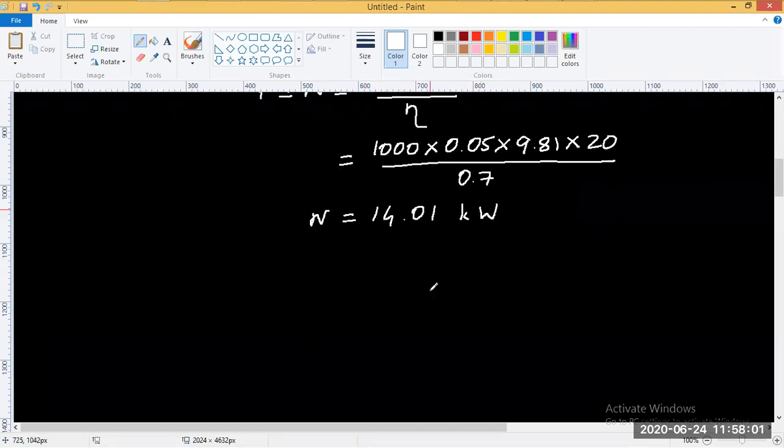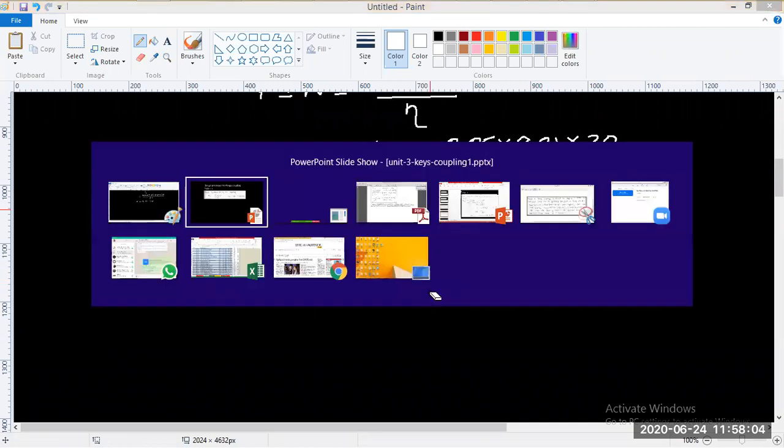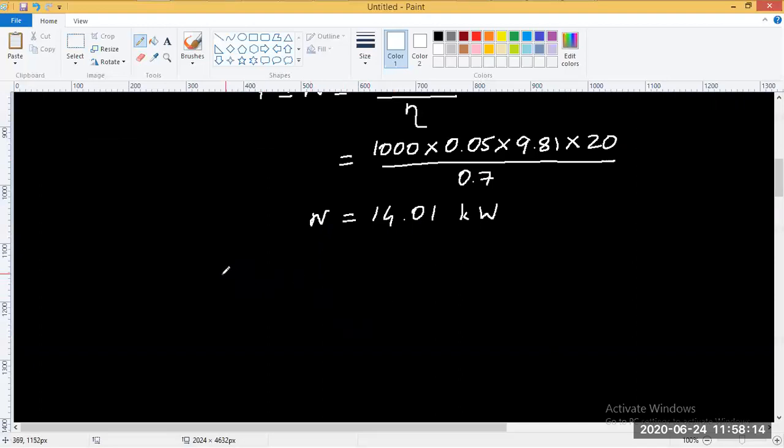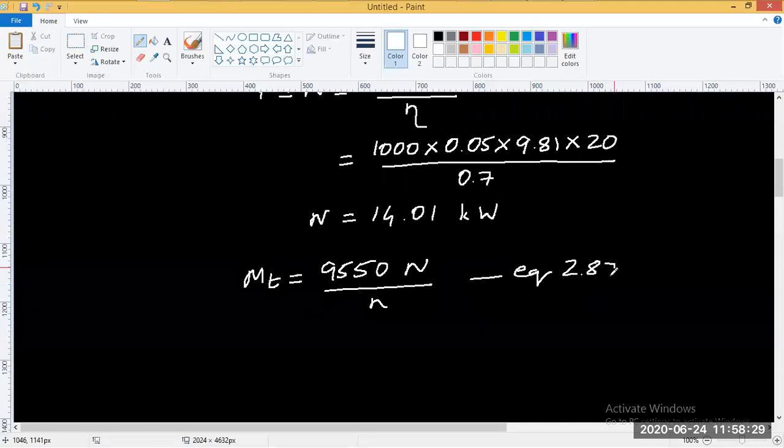So once I get the power, I can use the general equation here. I can use this equation, which is 2.87b, and I can take this value and find the torque transmitted. So MT is the torque transmitted, that is 9550 N by small n. This is equation 2.87b.